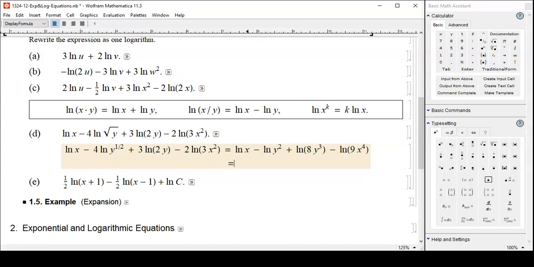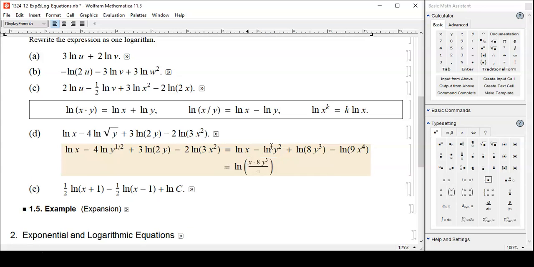And then let's put these together. These two are in numerator because they're addition. Addition becomes multiplication, so numerator. So we have x times 8y cubed, all right? And then denominator, this one and that one, y squared times 9x to the 4th power.